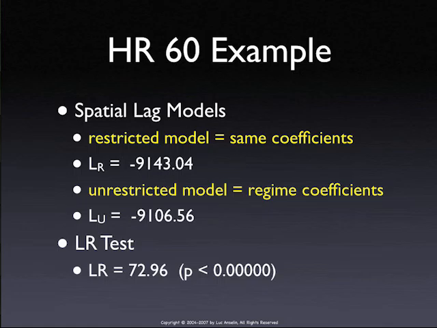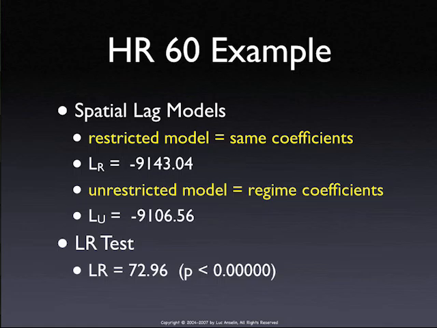And similarly, for the spatial lag model, we can do something where we take the likelihood of the models. It's on the top here, the yellow part, and we carry out a simple likelihood ratio test. In essence, this is comparing, again, the fit of the model with the constraint imposed and without the constraint imposed.